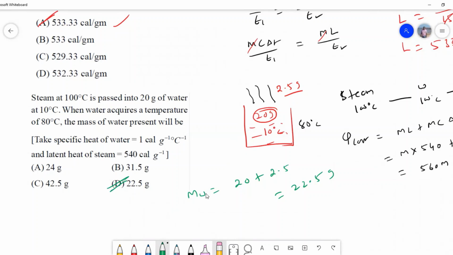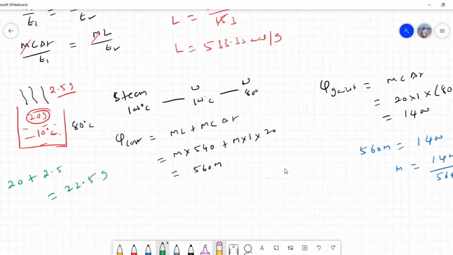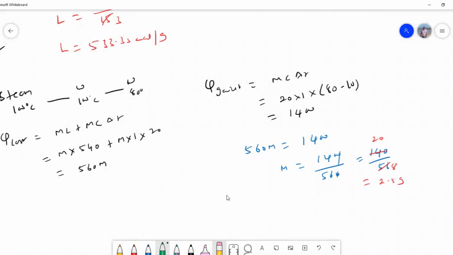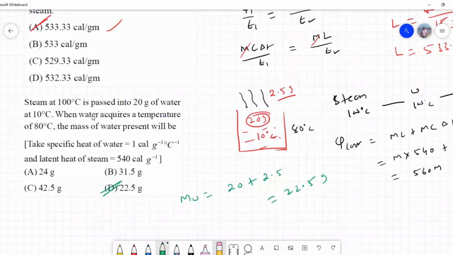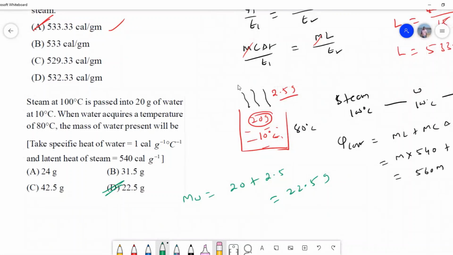A very, very important problem. So we have calculated the mass of steam condensed into water, that is 2.5 grams. Already 20 grams of water is there, another 2.5 grams will be added from the steam. The total mass present in the mixture is 22.5 grams.